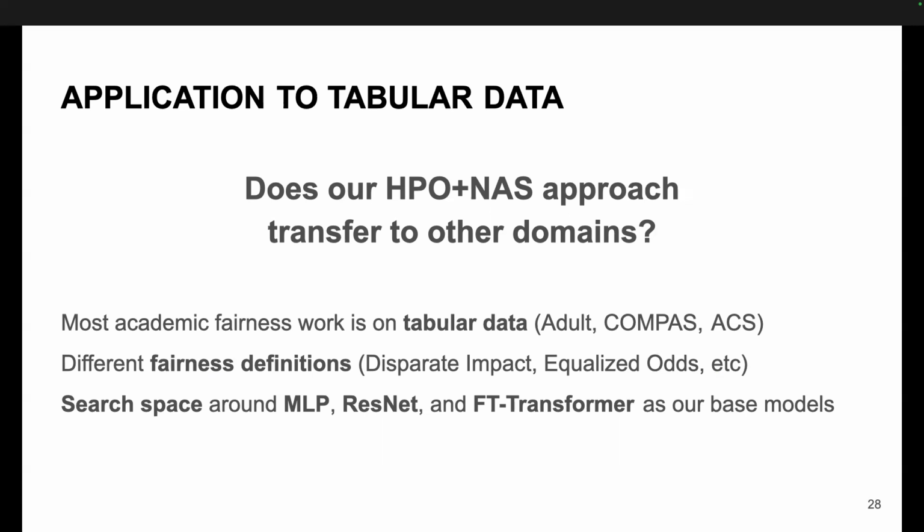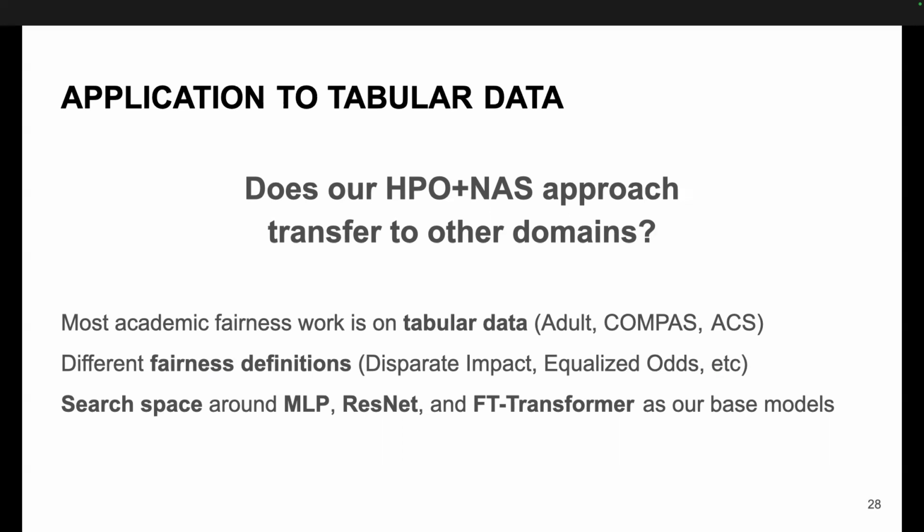So we were interested in how this AutoML bias mitigation compared. We set up a search space of common tabular models, particularly around MLPs, ResNets, and a model called the FT transformer. And we looked at three data sets: the adult data set, the compass data set, and ACS, the American Community Survey. And there are a bunch of different fairness metrics.